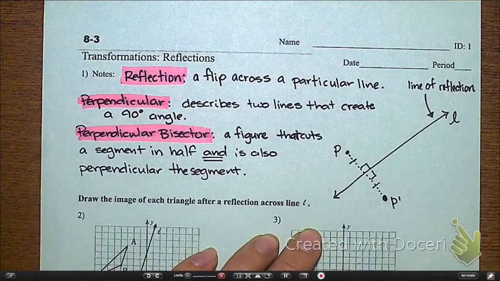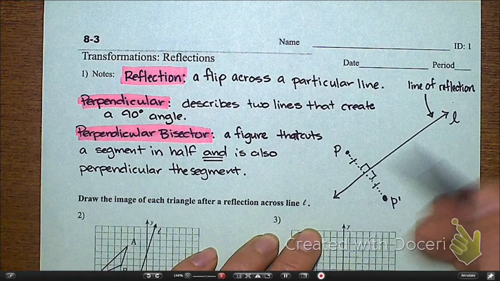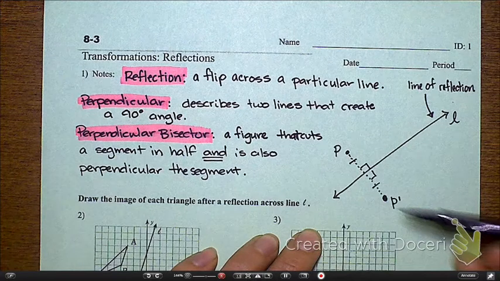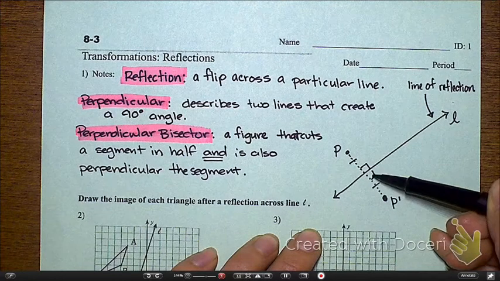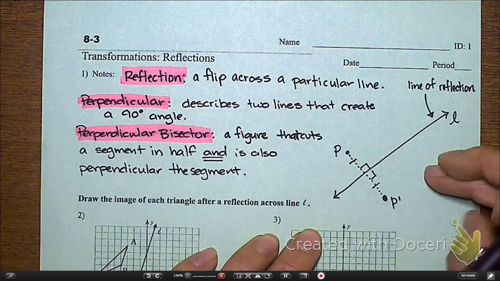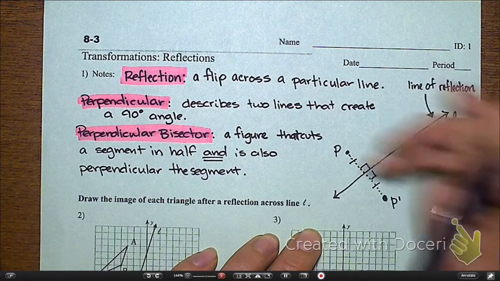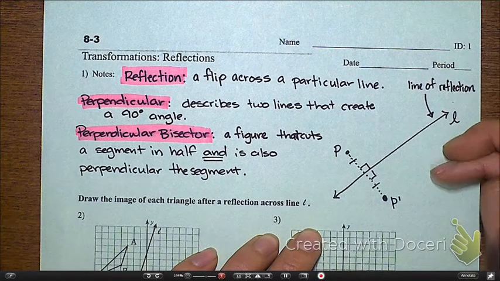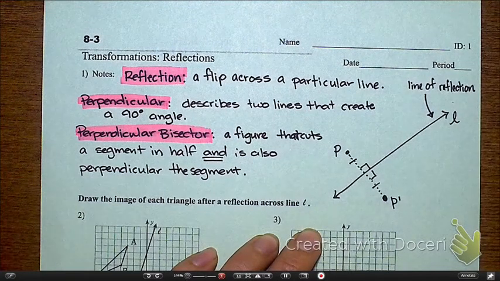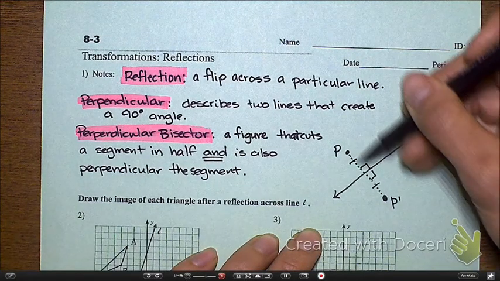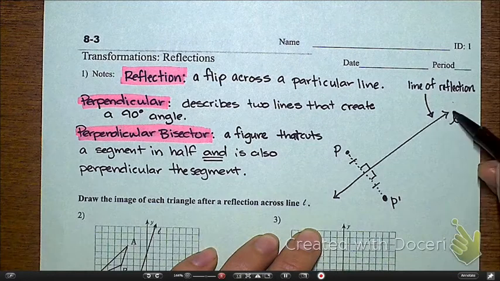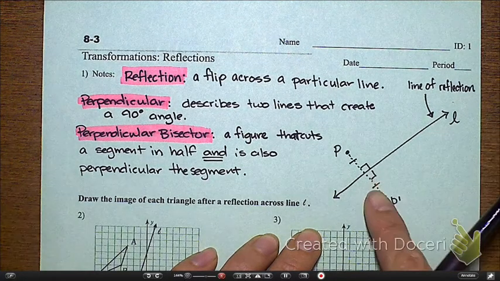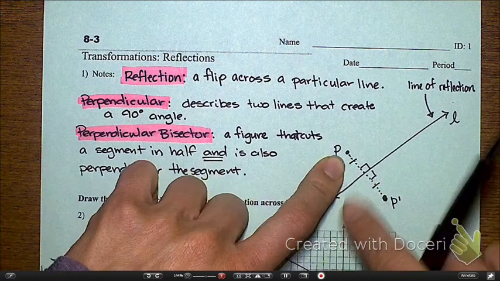Now that's what has to happen in order for this to be a true reflection. Because if P prime wasn't making this 90-degree angle and it was over here, when I fold this, would it end up onto point P? No, it would end up somewhere different, right? So in order to be a true reflection, this segment and the line of reflection end up being perpendicular. This segment is also bisected, cut in half, by the line of reflection.